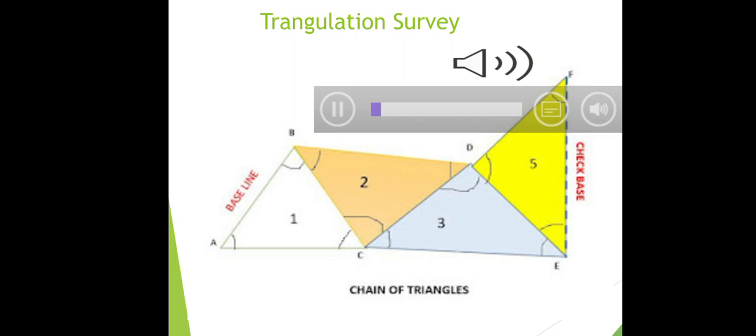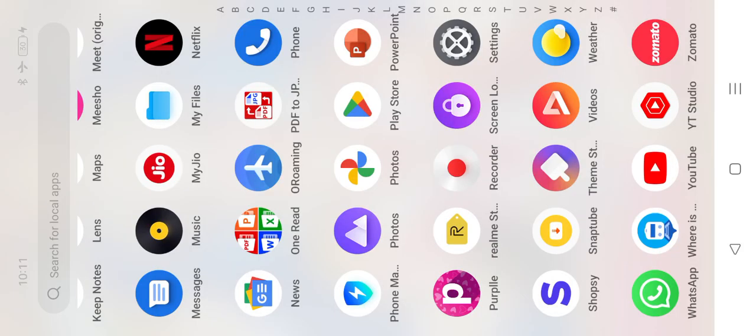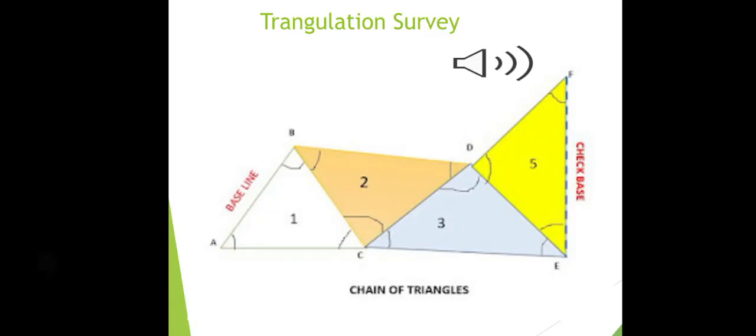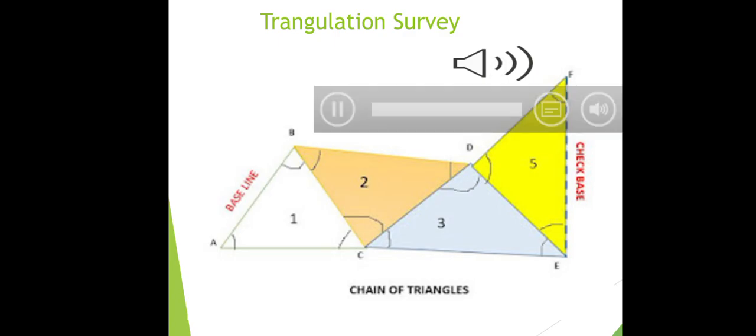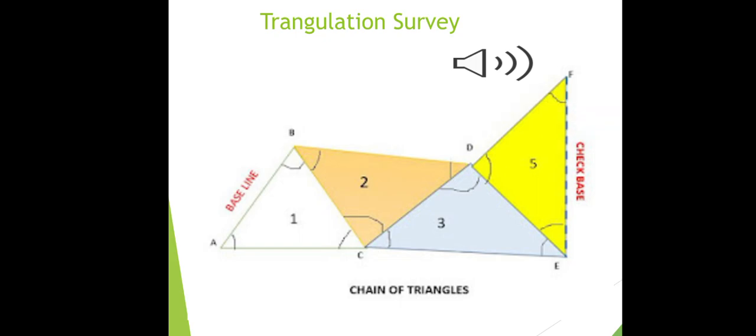This is a diagram of triangulation survey. In this diagram, total area of ABFE is divided into 4 interconnected triangles.